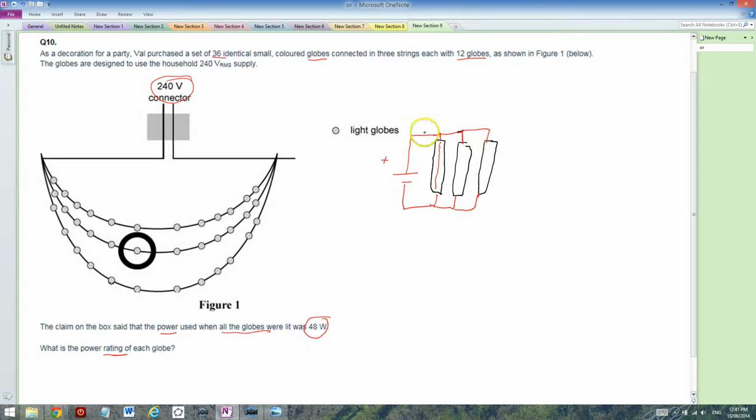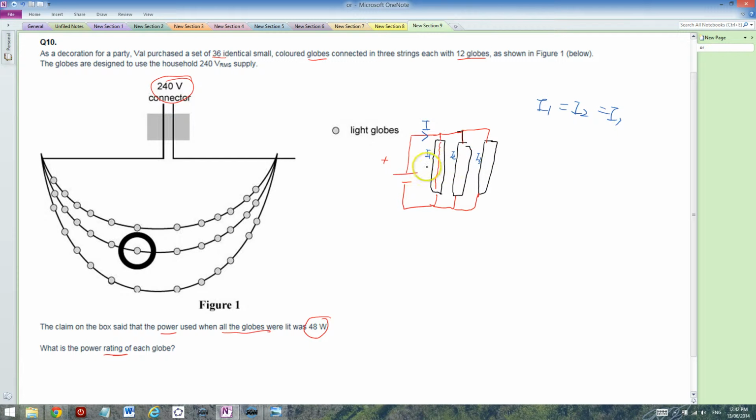If I have current coming here and it splits up into I1, I2, and I3, and since the resistances in the three strings are the same, the total current is divided by 3. So I1 equals I2 equals I3, because the resistance of those 3 strings are the same.